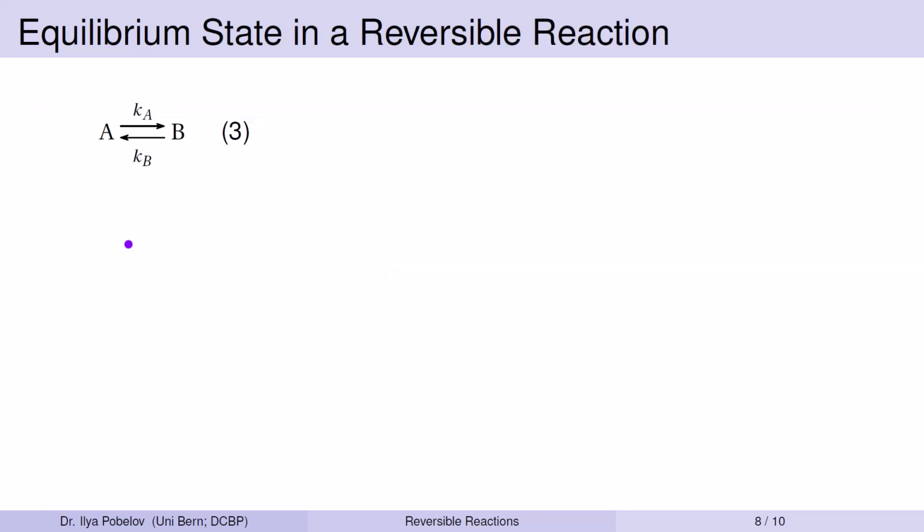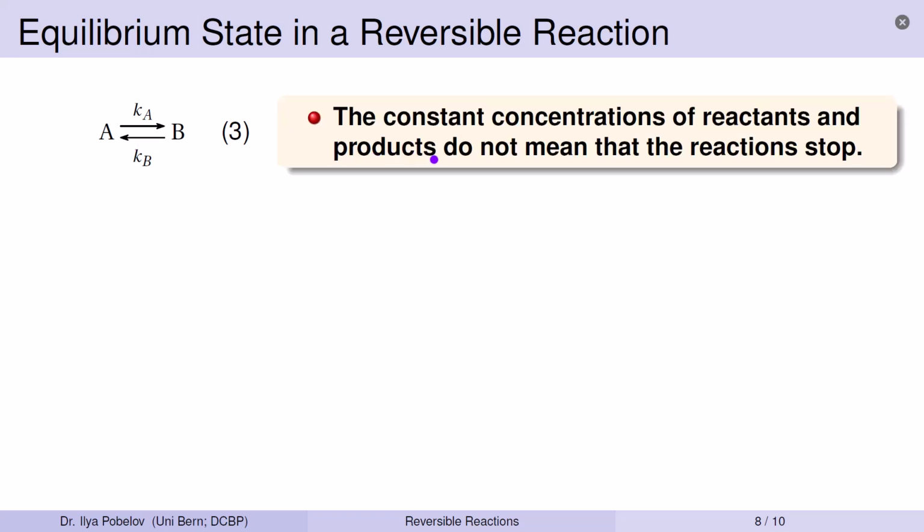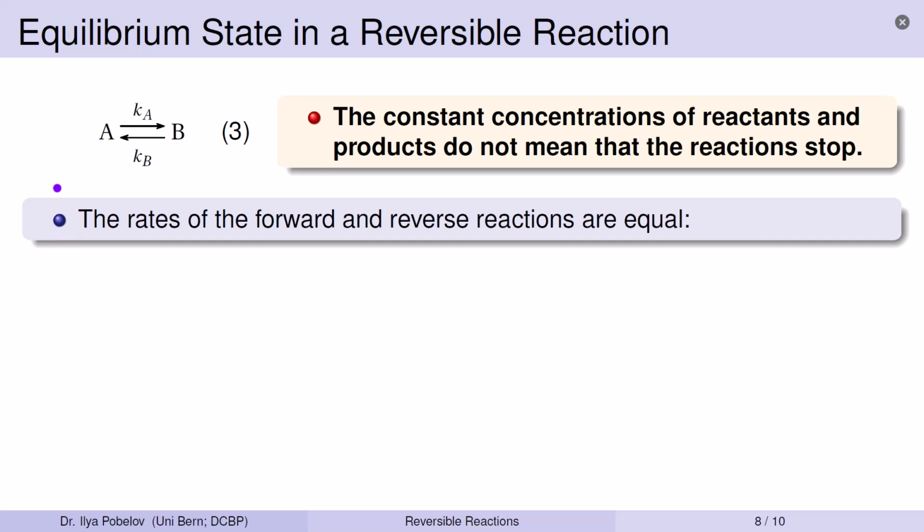At equilibrium in a reversible reaction, the concentrations of reactants and products become constant over time. This constancy is often misunderstood. It doesn't mean that the reactions stop. Instead, it indicates that the rates of the forward and reverse reactions are equal, maintaining a dynamic balance.